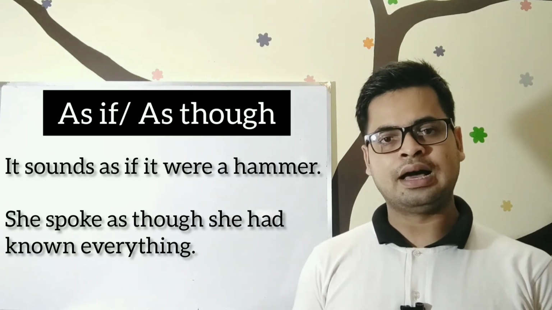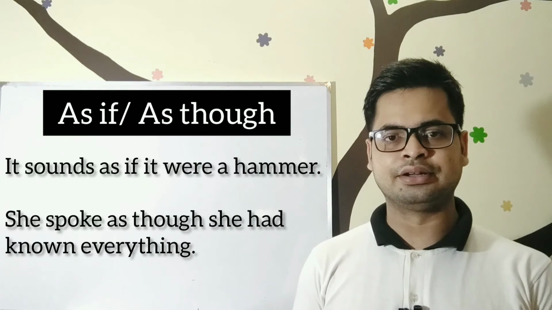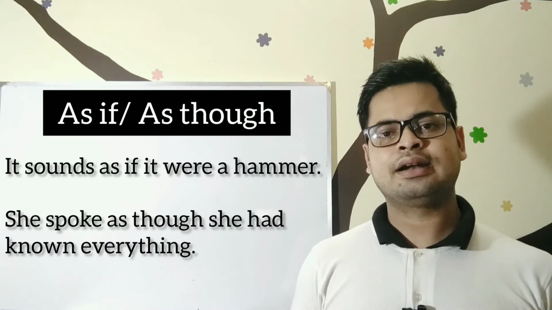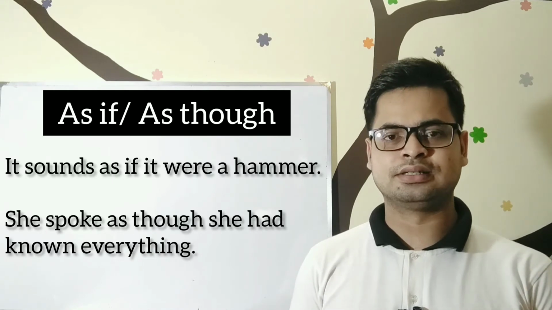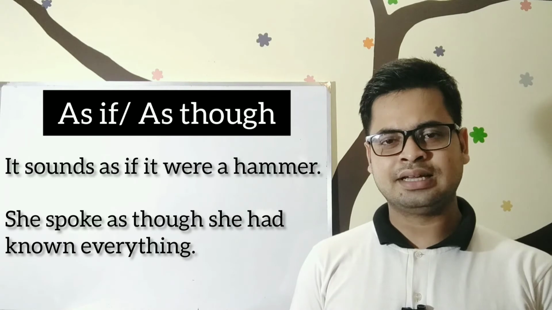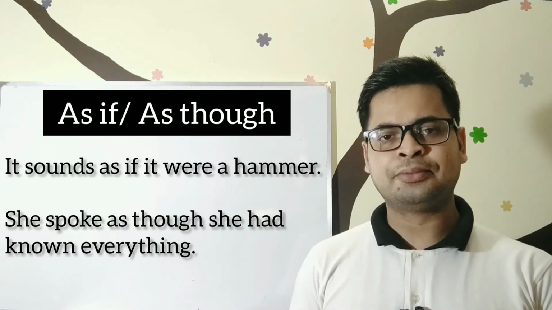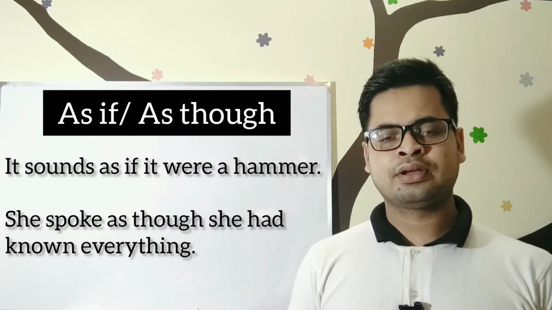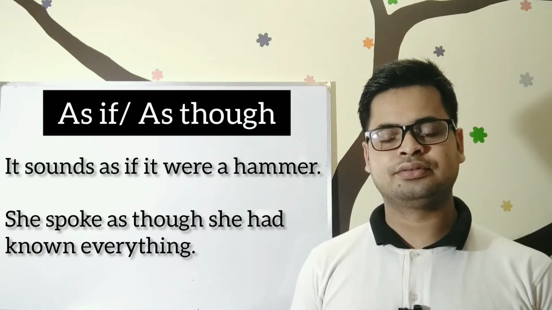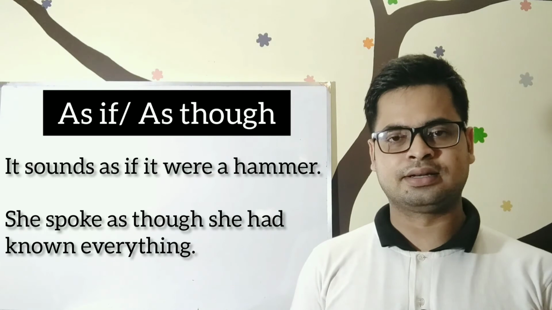She spoke as though she had known everything. So here you can see that there are two clauses in this type of sentences. One is independent clause, another one is subordinate clause. But the subordinate clause is mainly imaginary. Now I'm going to give you more explanation.